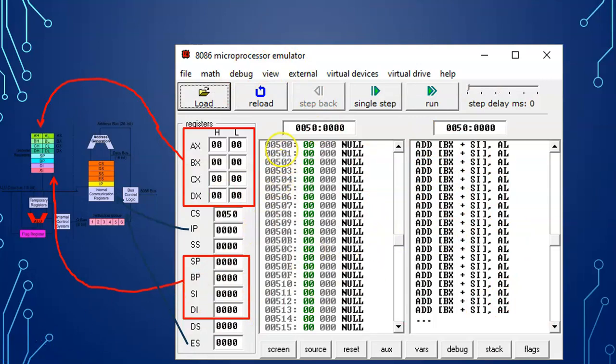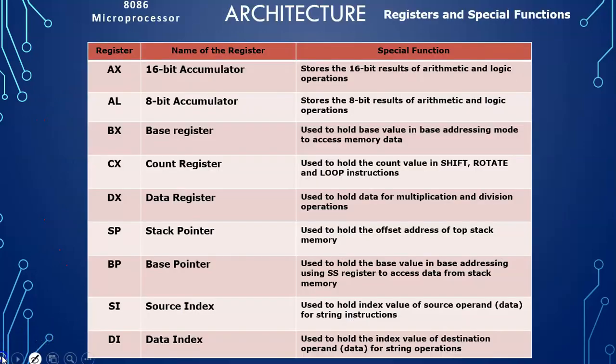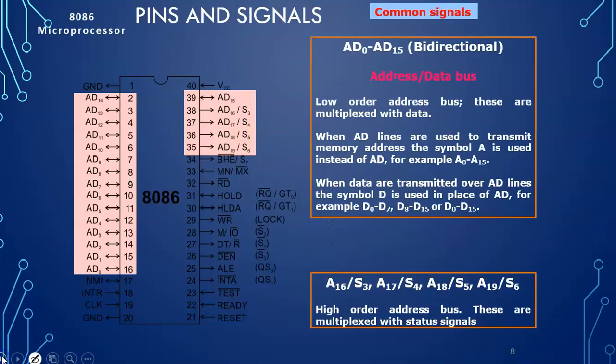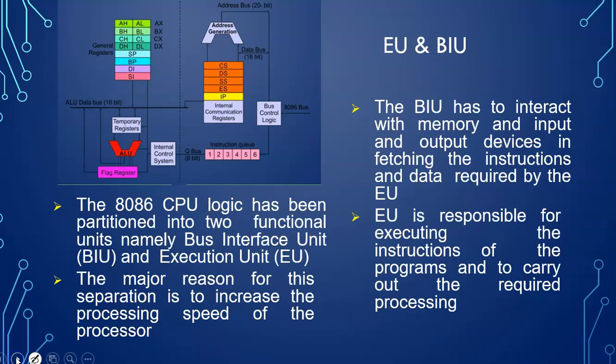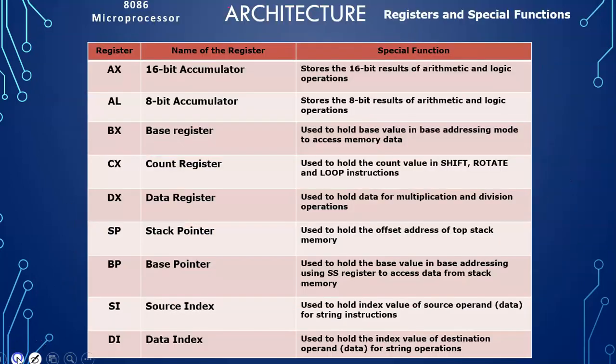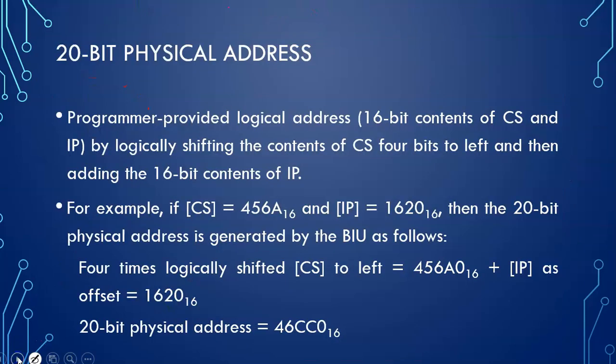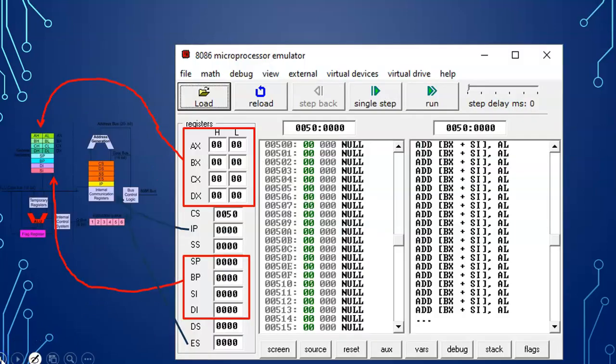Okay, how do we get the address? This is a physical address. Okay, this physical address is referring to the 20-bit address bus here. So for the 20-bit physical address bus, what we have to calculate is CS. So where is CS?